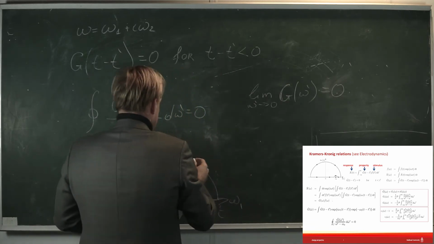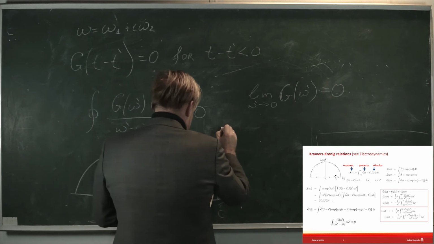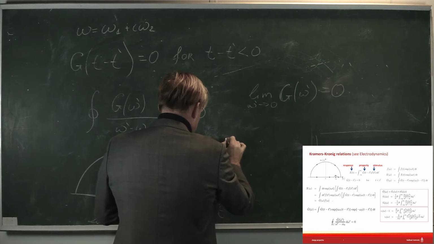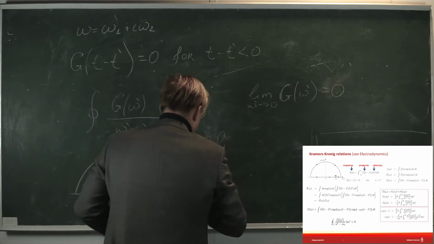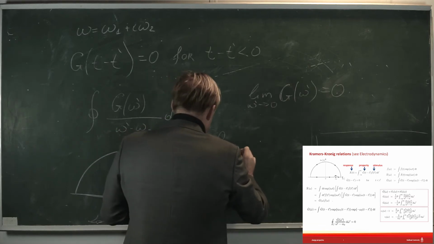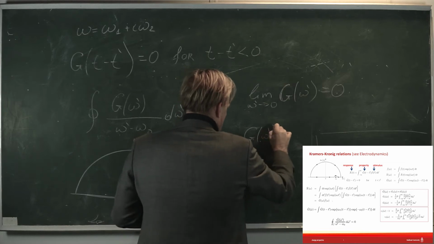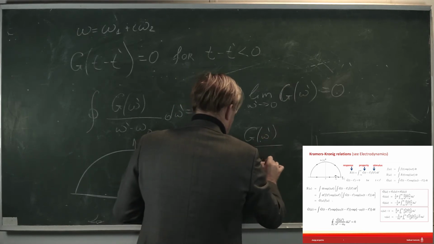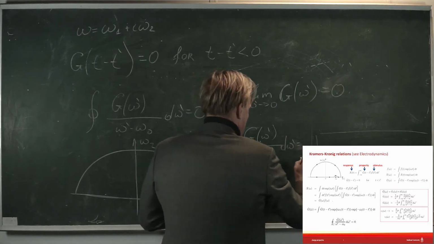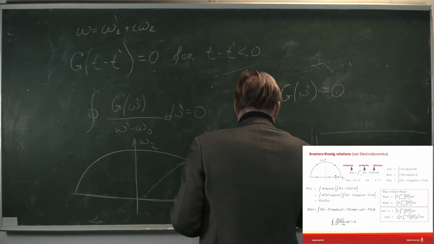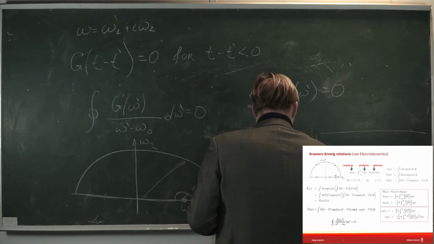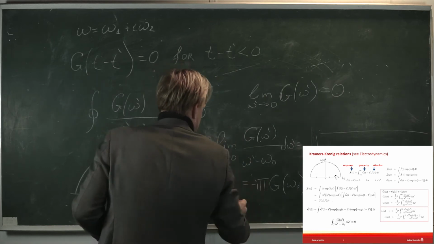But then, using this integral, add the fact that if you integrate over this small semicircle, you will get here, this is the radius. If this radius tends to 0, then this is equal to minus pi i times this.